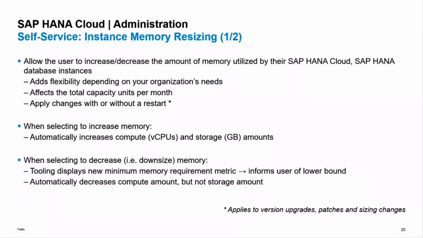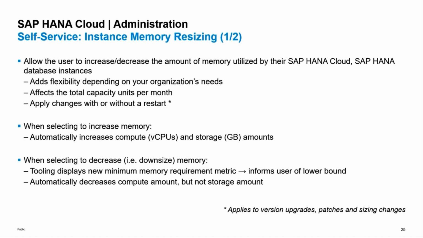When you select to increase your memory, then in HANA Cloud Central, in the GUI, you are going to see that it automatically increases the number of compute units, so vCPUs, and the storage amounts as well. And then when you choose to decrease or downsize the memory, then the tooling will display a new metric, which is the minimum memory requirement that gives you some information about what the lower bound of the memory is that you can bring your size down to.